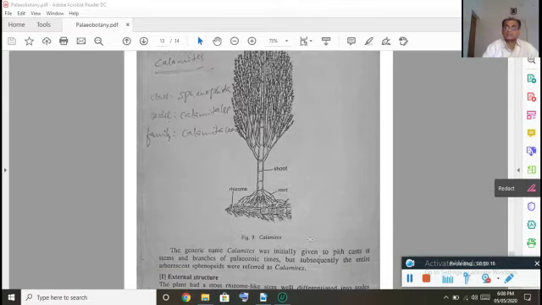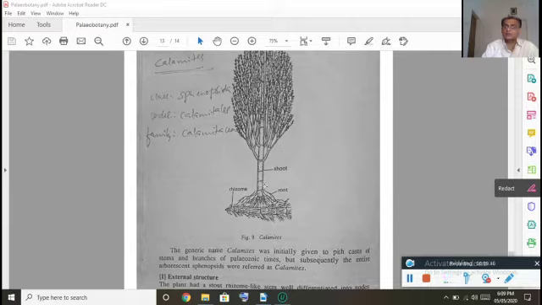So as far as the external morphology of this plant is concerned, the plant as usual consists of rhizome, aerial axis and several branches. The rhizome is very stout. Nodes and internodes are present. From this underground horizontally growing rhizome, erect branches are produced. And these erect branches also contain nodes and internodes.